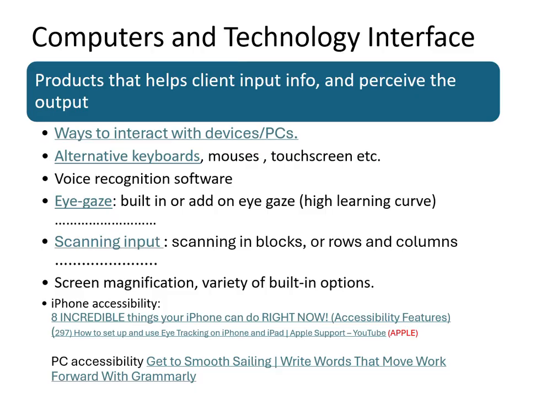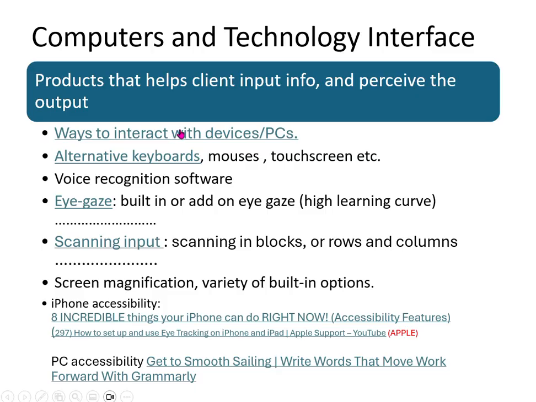And also, how do they receive the information from the computer or the TV or their handheld device? If you are watching this, then you are getting visual and auditory information. If the client was blind, he would not see the visual. If he was hard of hearing or deaf, he would not get the audio output from their device. So we have to find other options for this client.